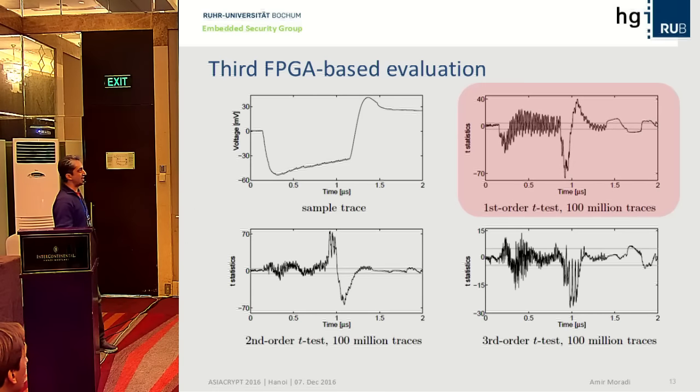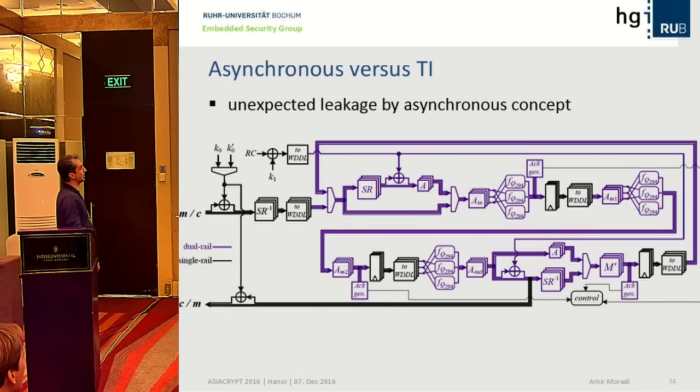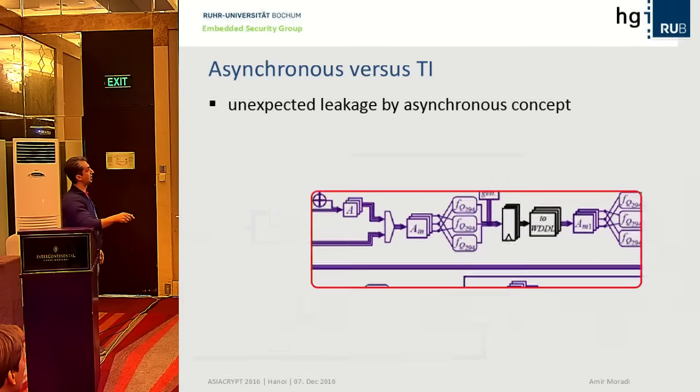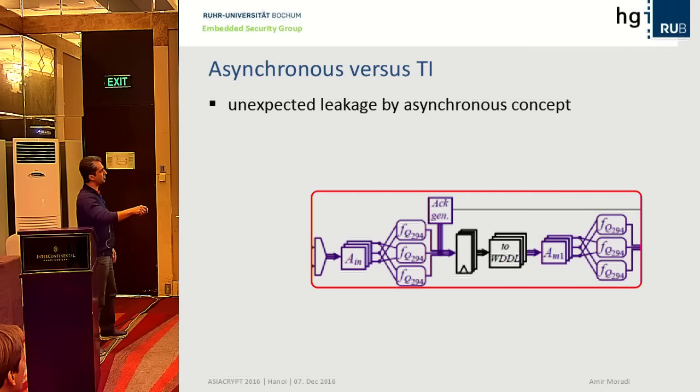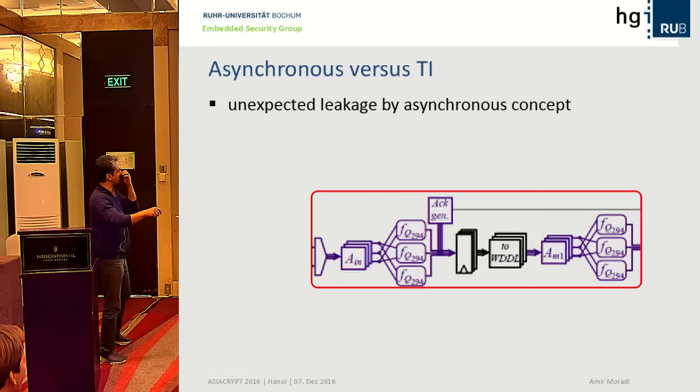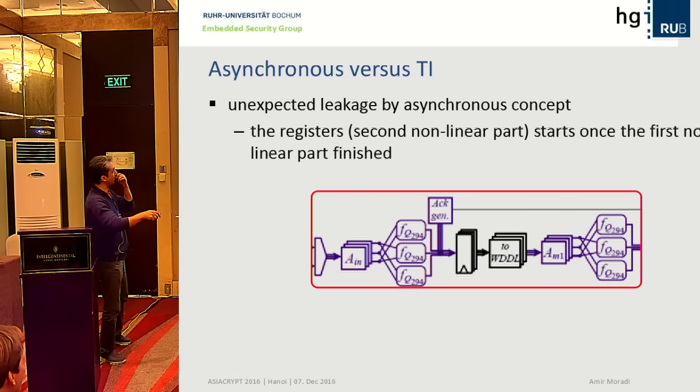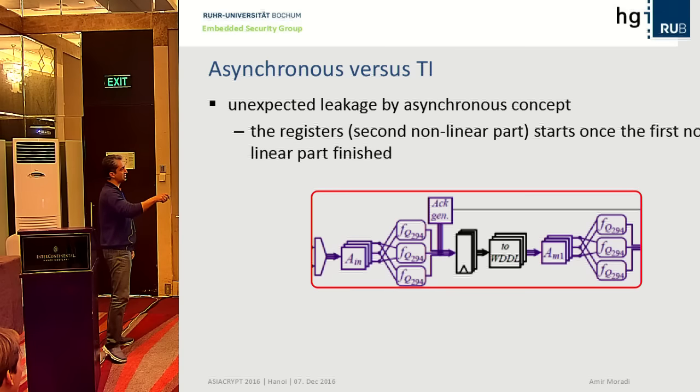The reason for that actually comes from the asynchronous concept. If you look more carefully here, these registers are triggered by one function. The function will tell when the computation of all these 3 is done and say, okay, save in this.